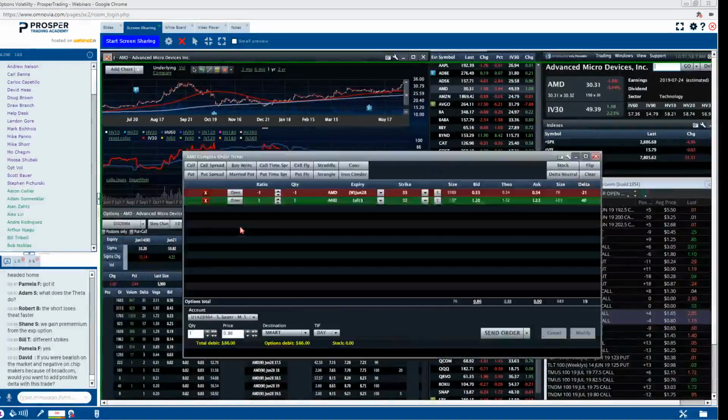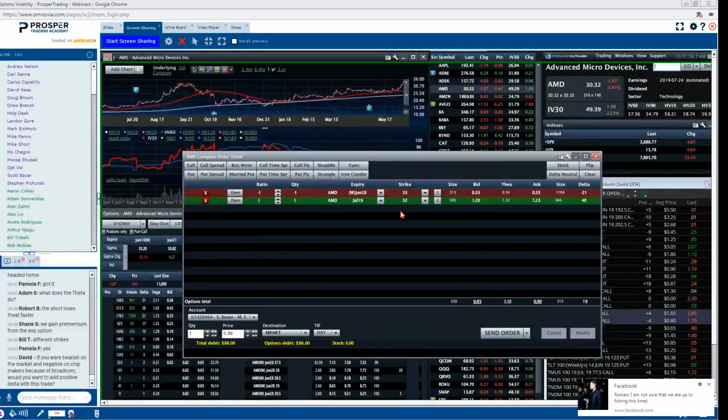Meaning, in our case, what's the best thing? What is the best thing that could happen to us with this position? Timing wise, stock price wise.